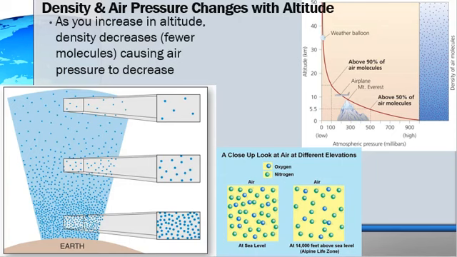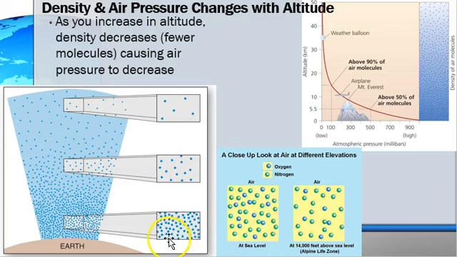Now, there's another factor that's really important too that goes along with density, and that's air pressure. So remember that when we talk about density, as we go up in altitude, we decrease in density. So we have the most dense air down by us, and then as we get further away from the Earth and less of a pull of gravity, your air density gets less and less, so you have fewer molecules up here in the same area than you did close to the Earth.